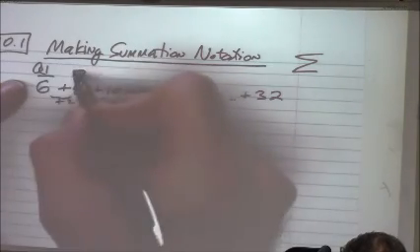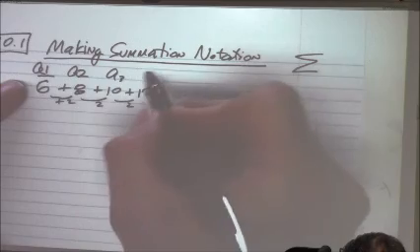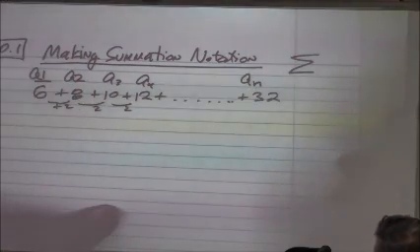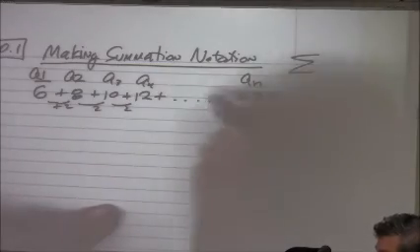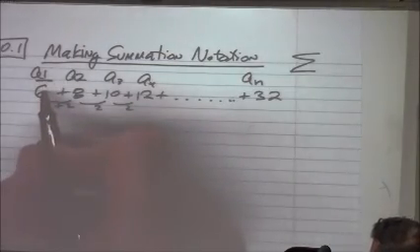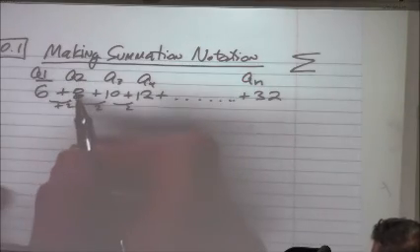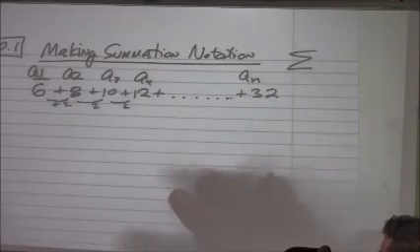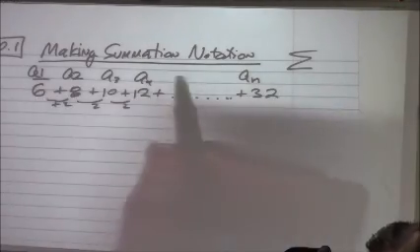And I'll call it A1, A2, A3, A4, and A sub n right now, because we don't know how many terms that is. So the first term is 6, the second term is 8. So I'm looking for some kind of relationship that helps me get from term to term and what to start with.